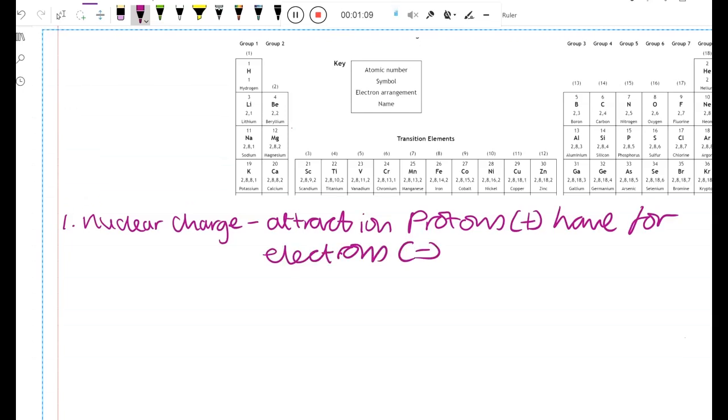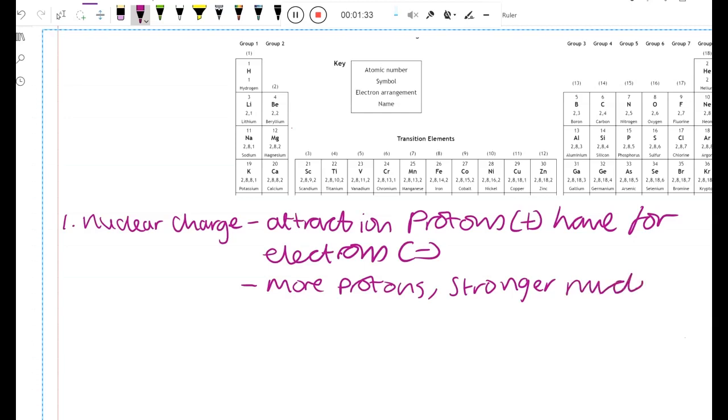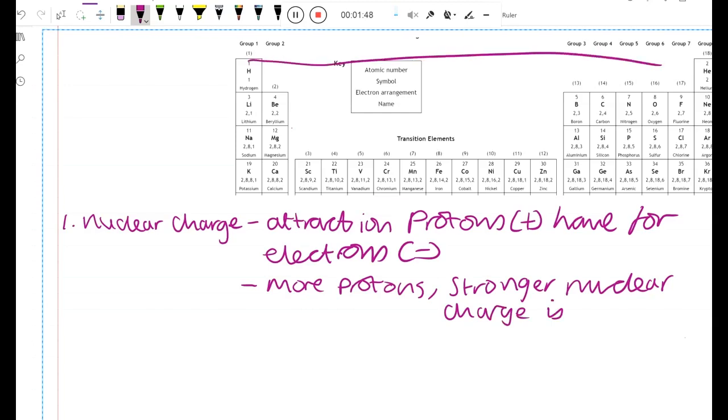Okay, and because it's about an attraction, the more protons you have, then the stronger the nuclear charge. Okay, and that applies across a period and going down a group.